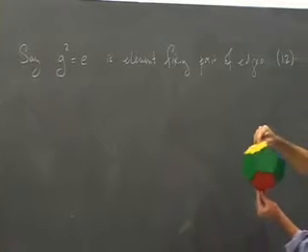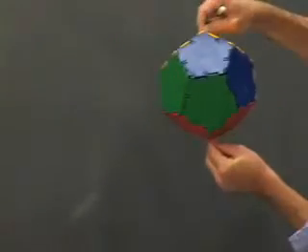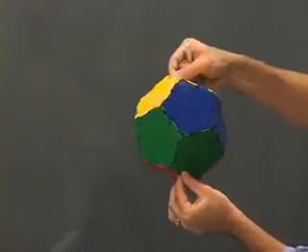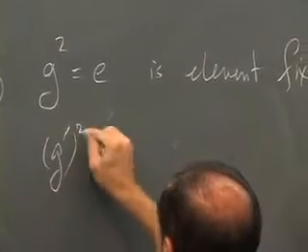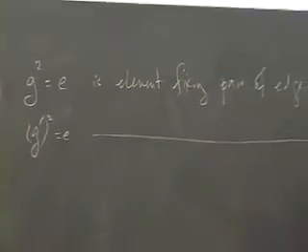Opposite edges, 1 and 2. Okay? And we have another pair of opposite edges, 3 and 4. G prime is an element fixing the pair of edges 3 and 4.